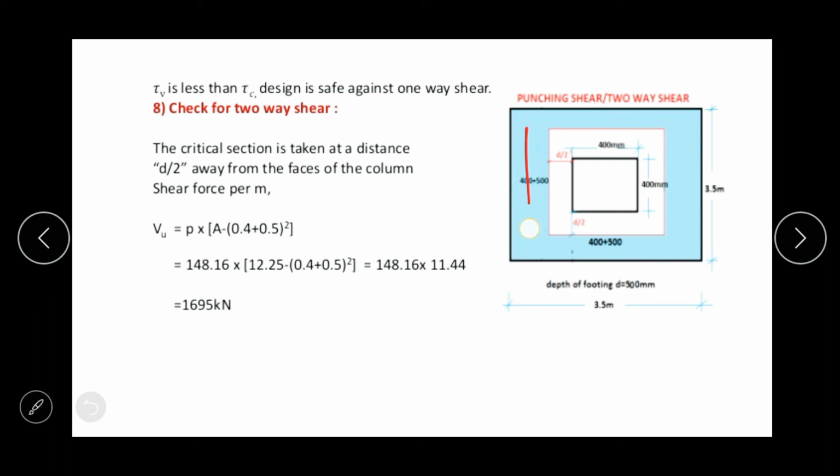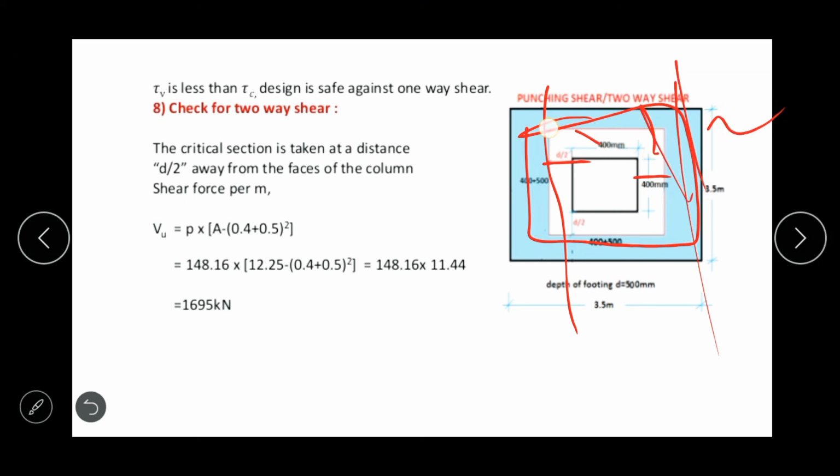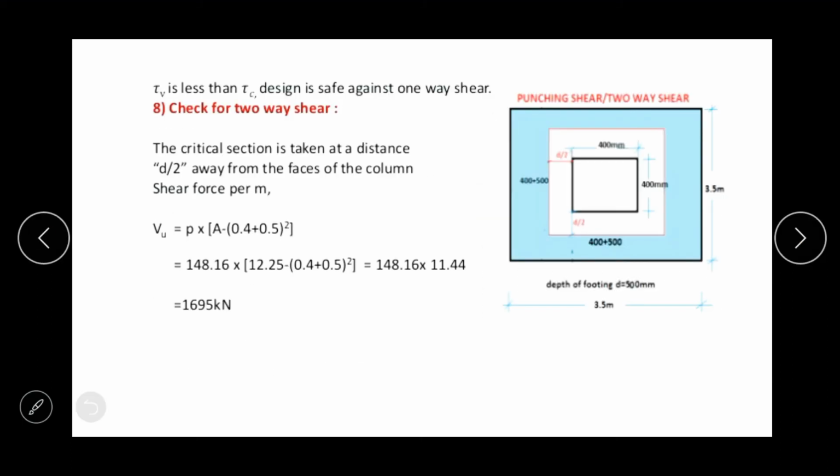So this blue portion indicates the critical section for two way shear. The critical section lies at a distance of d by 2 from the face of the column. Here d by 2 and here also d by 2 from the face of the column. So we can calculate the shear force by determining the area of this blue portion and multiplying it with the net upward pressure.